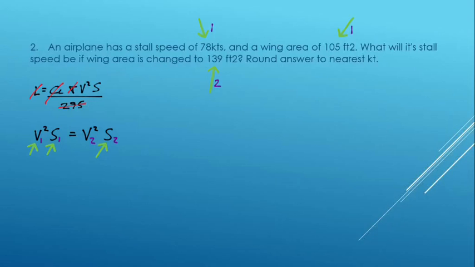The three knowns that I have are velocity condition 1, surface area condition 1, and surface area condition 2. What I don't know is the velocity for the second condition, which is what I want to know. So I algebraically manipulate that so that my unknown is on one side of the equal sign, and I can solve for those values.